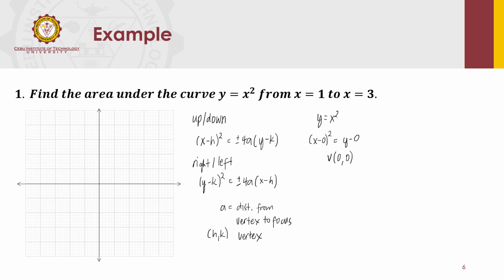And the value of 4a, which is the numerical coefficient of the y term here, is 1y. So its value is just equal to 1. So a therefore is 1/4.